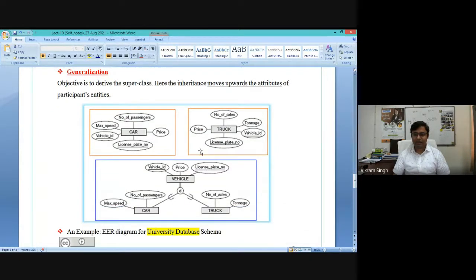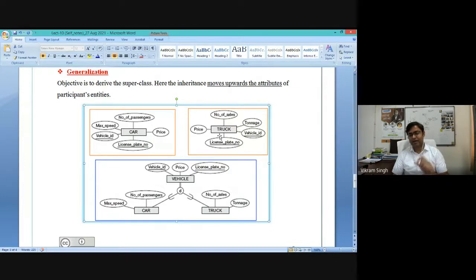So let's see the basic example. You will be having these two entities, like the first entity is a car, the second entity is a truck. So let's take these two entities as input entities, and we want to perform generalization. So how are we going to perform it?